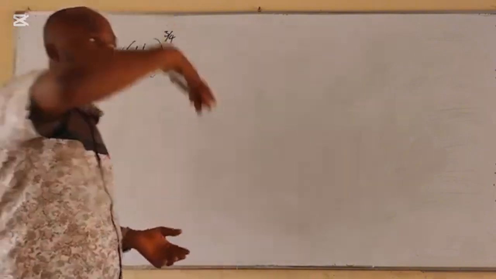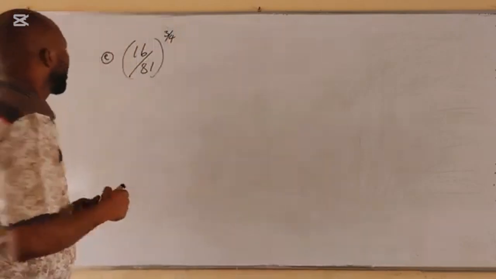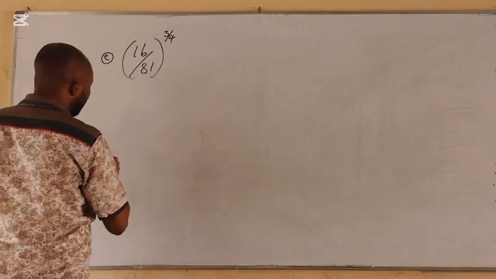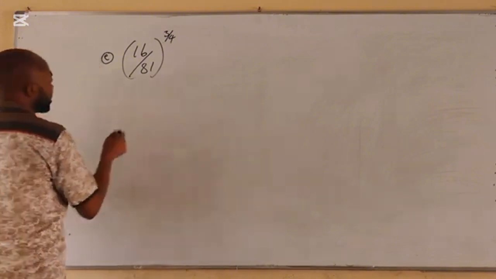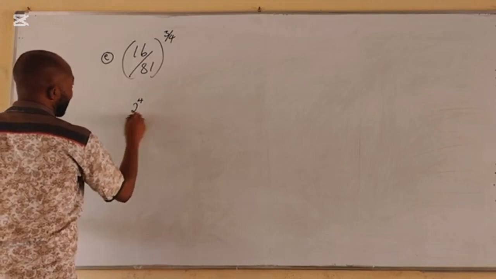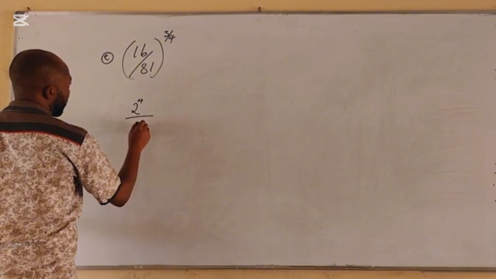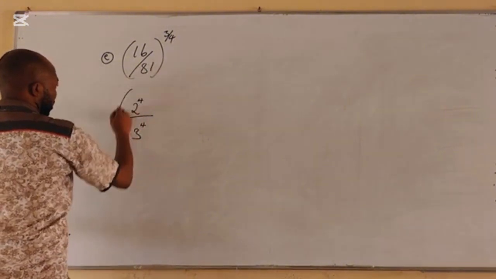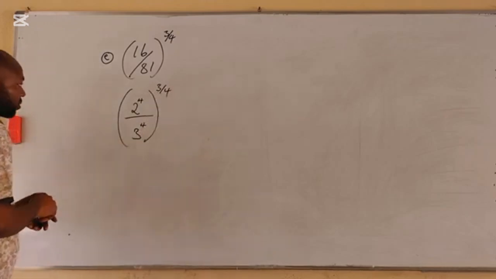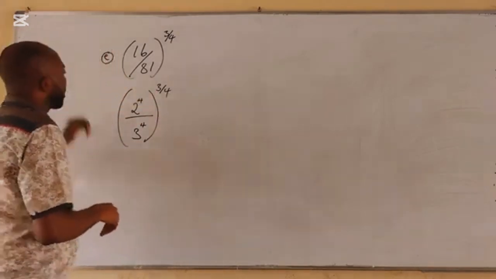That power is distributed evenly into the numbers in the bracket, okay? First of all, before I start that, let me break them down. 16 is the same thing as 2 raised to the power 4, over 3 raised to the power 4, all in bracket, raised to the power 3 over 4. Okay, that's correct.